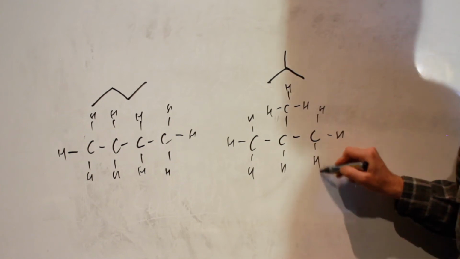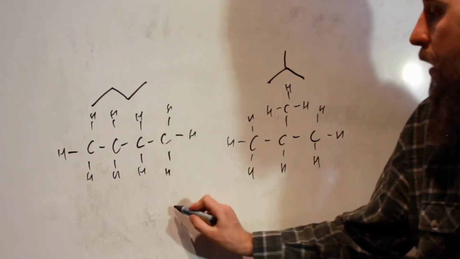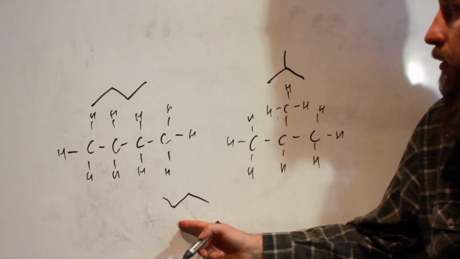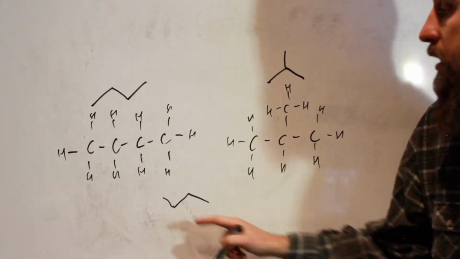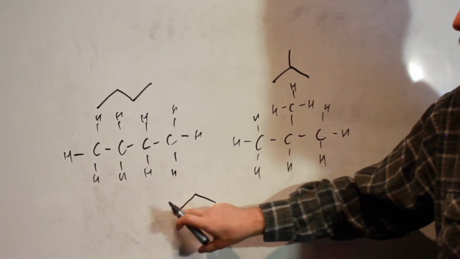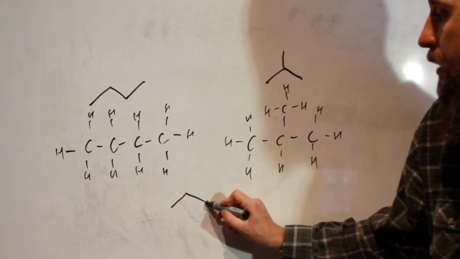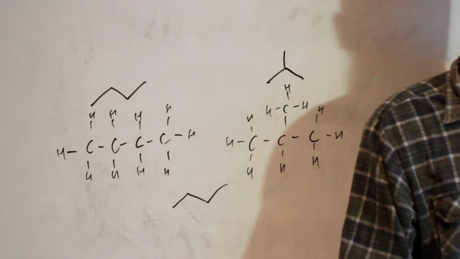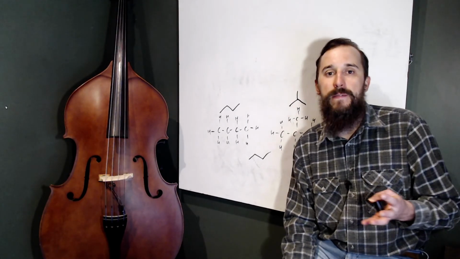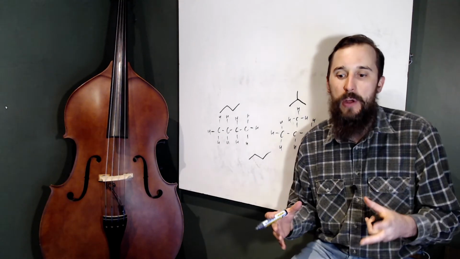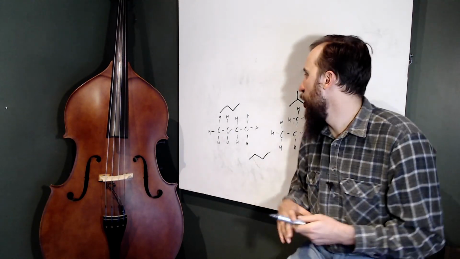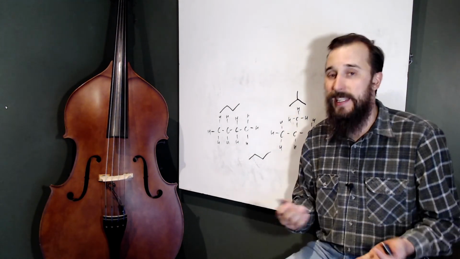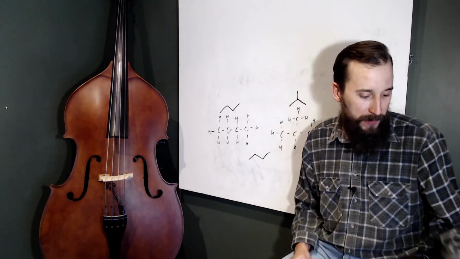Because if you had a propane but you had the methyl on carbon 1, well, you've just got a butane. That's not a different isomer. If you had a methyl on carbon 3, that would also just be butane. So it's all about, if you can, communicating the information in the least amount of detail as you possibly can. So we don't have to say 2-methylpropane because there's only one potential isomer for methylpropane. You can say 2-methylpropane, but you don't have to.